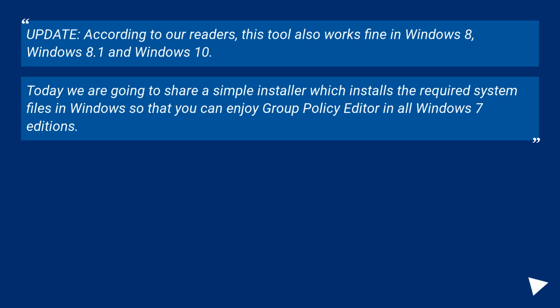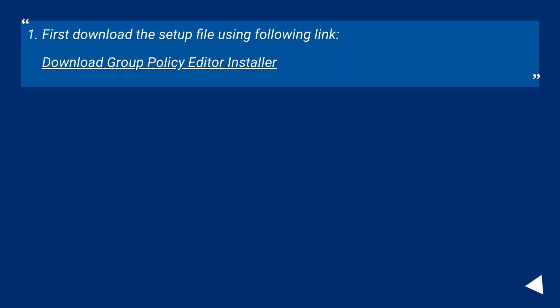Today we are going to share a simple installer which installs the required system files in Windows so that you can enjoy Group Policy Editor in all Windows 7 editions. First, download the setup file using the following link. Download Group Policy Editor Installer.